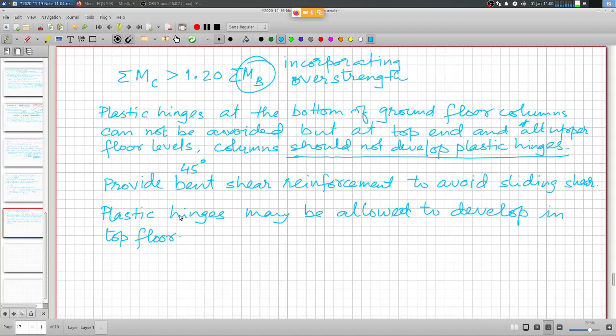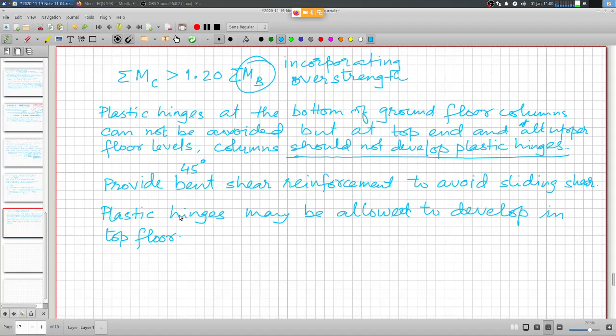So the moment capacity, because of the presence of axial load, is not severely hampered in the top floor. So it is possible to develop plastic hinges in the column without compromising the structural stability of the building, right?